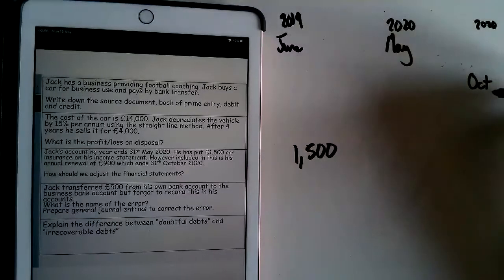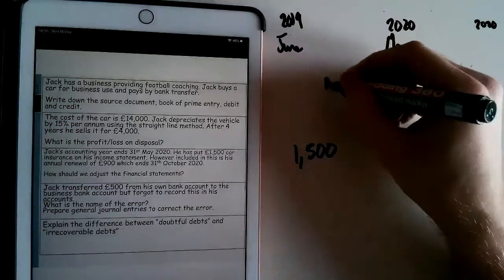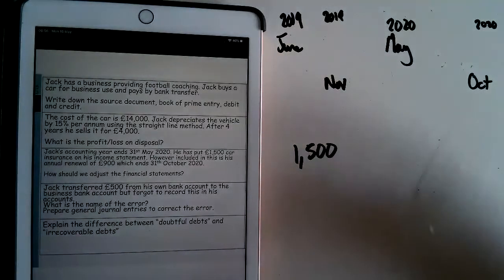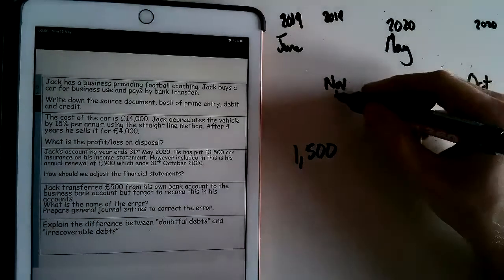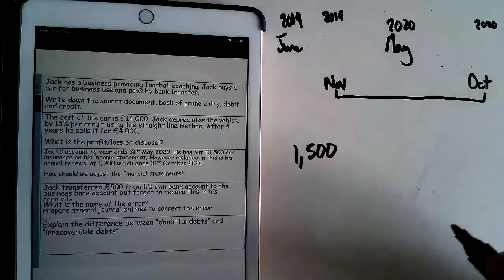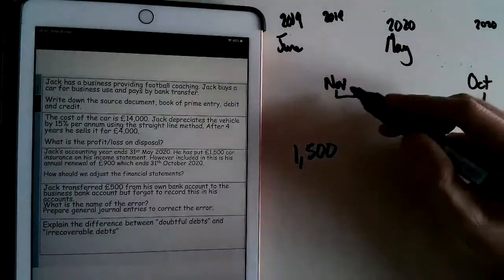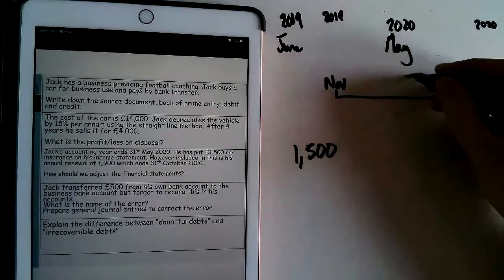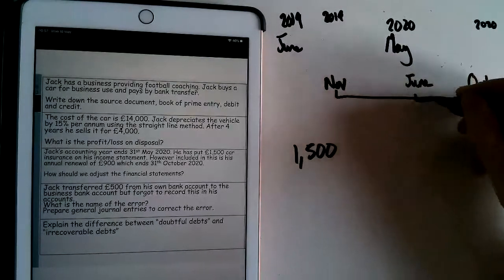So annual means it must have begun November 2019. And he's paid it, so that means the prepayment. So November to May should be included, so it's June to October that's a prepayment.